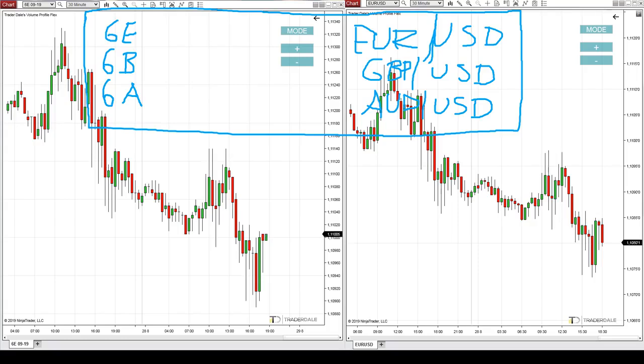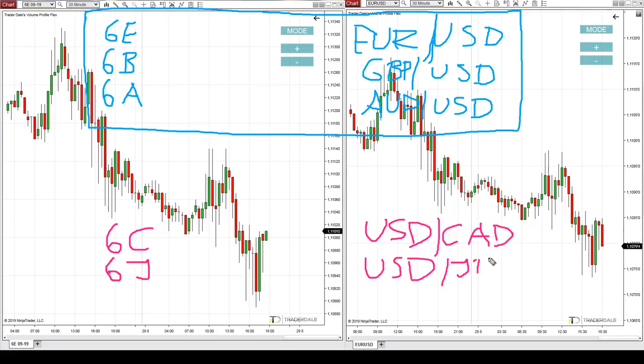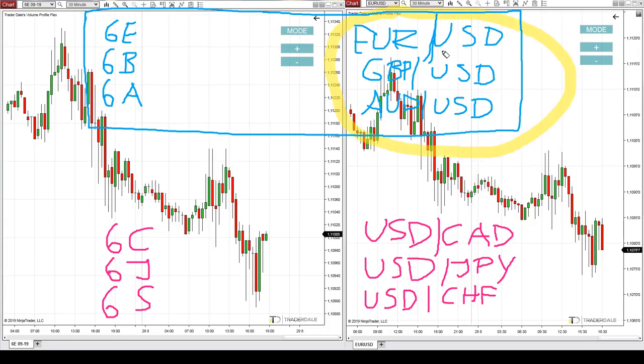However, it is a bit more complicated for futures on the Canadian dollar, Japanese yen, and the Swiss franc. The reason is that in this case, the American dollar is quoted on the right side, like this: EUR/USD, GBP/USD, AUD/USD.